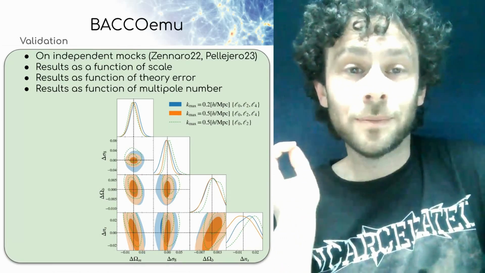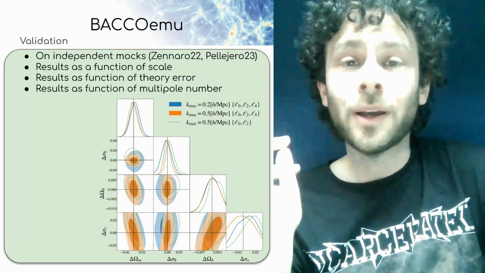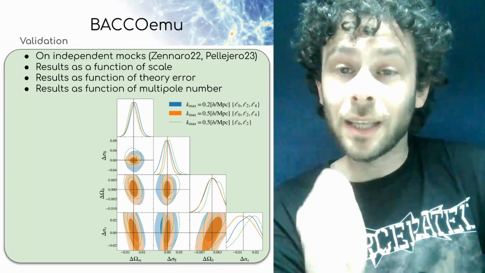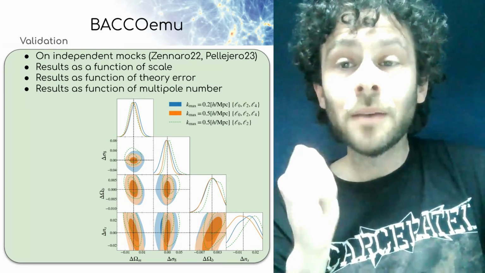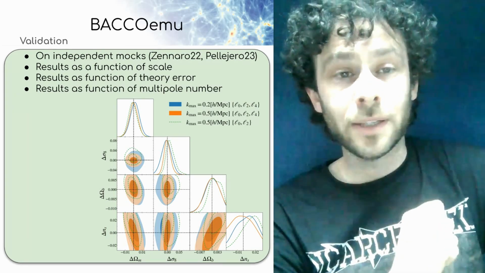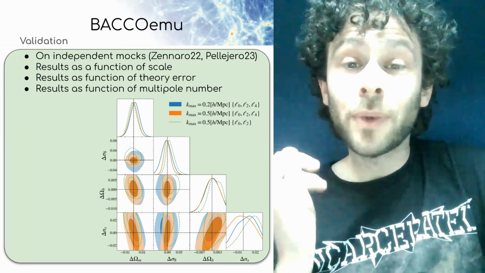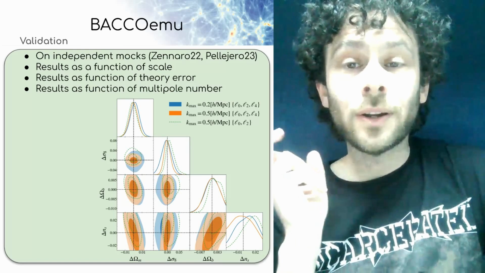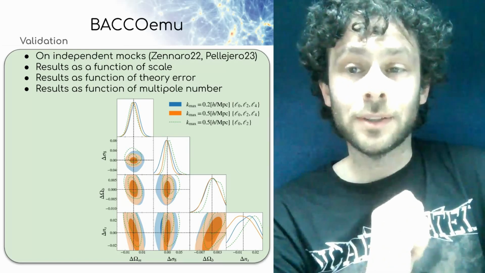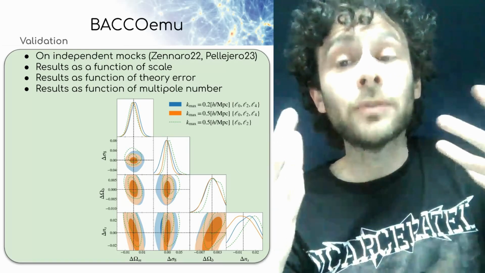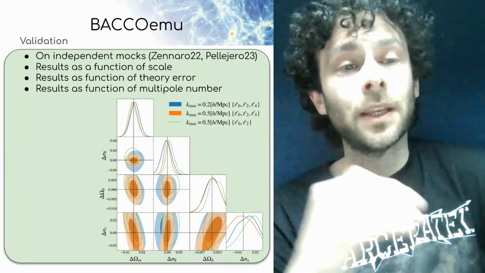To end my brief summary of the BACCOemu analysis, let me quickly skim through the validation that we made before sending the results to the collaboration. The first thing was to test that the model gives unbiased cosmological estimation on unmasked galaxy mock catalogs that we generated, okay? And we found that we were unbiased.